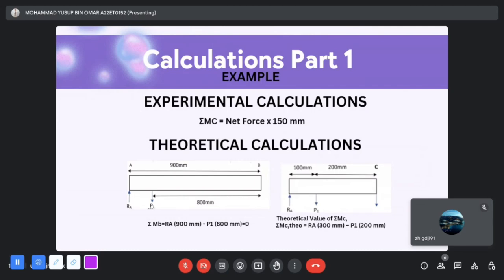Then after we get RA, we can find the moment C theoretical, which equals RA times 300, which is A to C 300 millimeter, minus P1 times 200 millimeter.